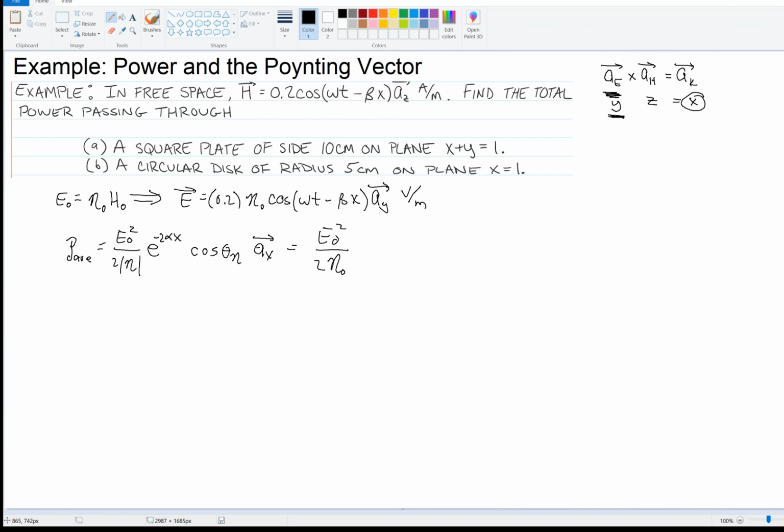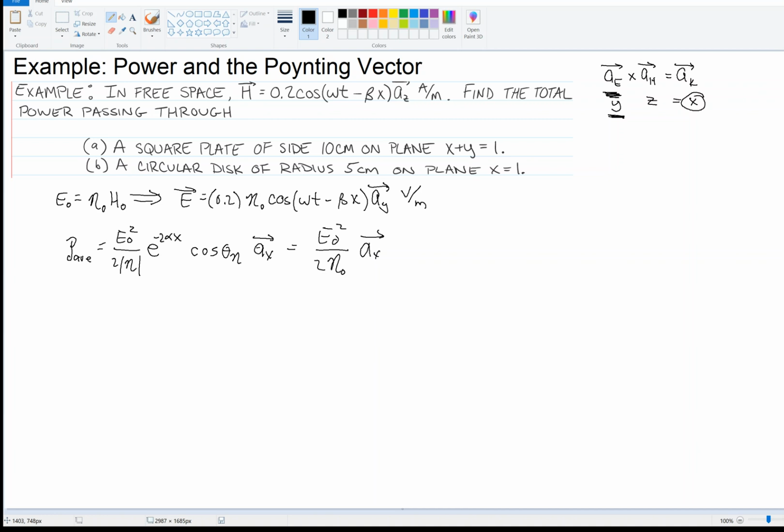So cosine of 0 is 1, and we've got alpha is also 0. Alpha is 0 because this is in free space, so this thing is not decaying at all. The amplitude is not decaying, and so we arrive at this here. The average power is E0 squared over 2 times eta 0 in the x direction.